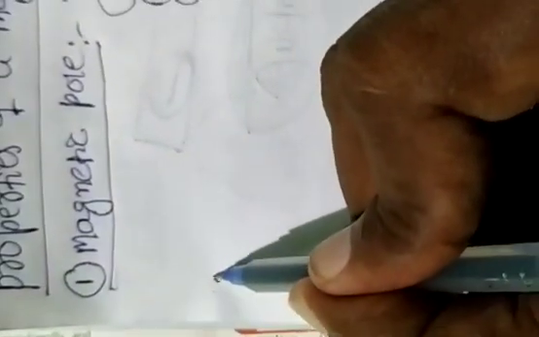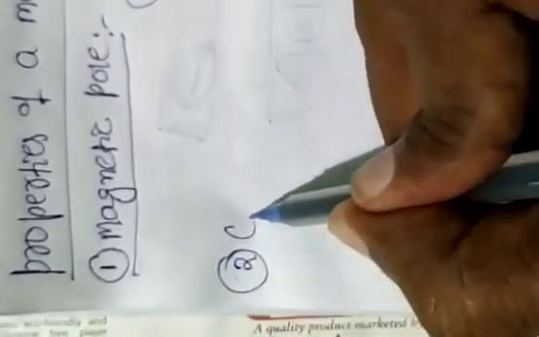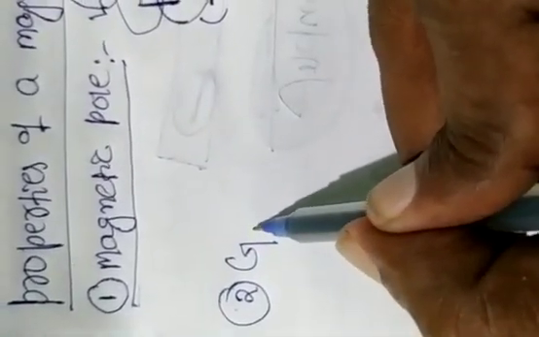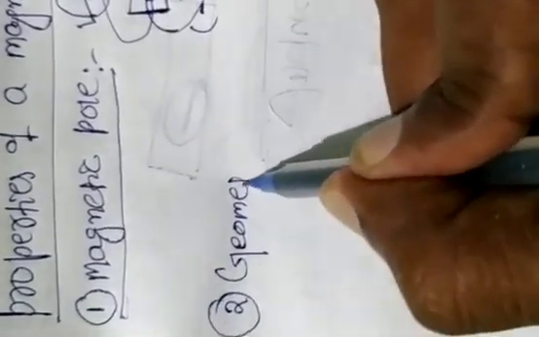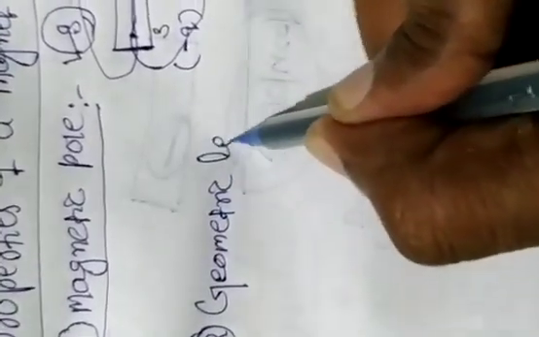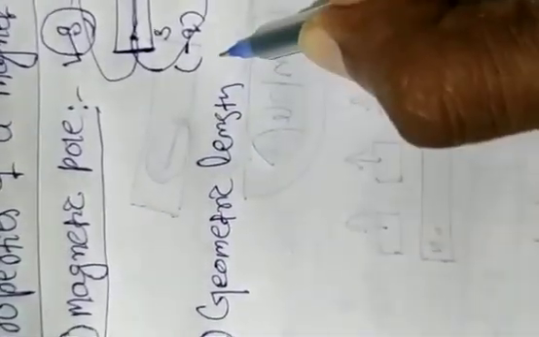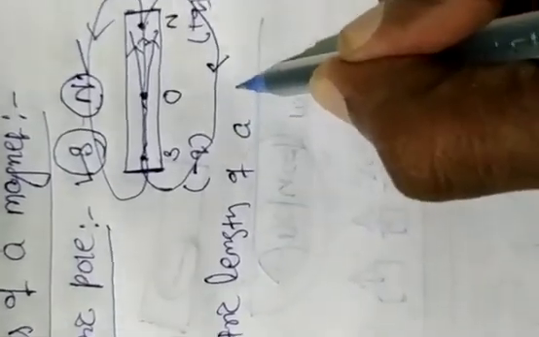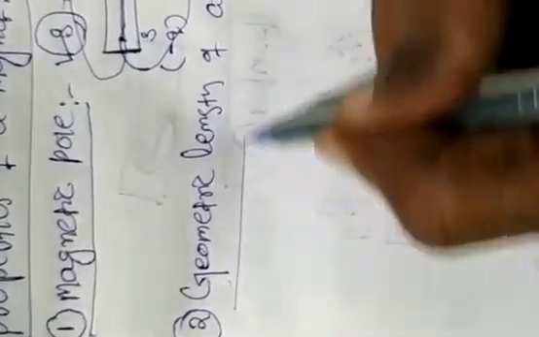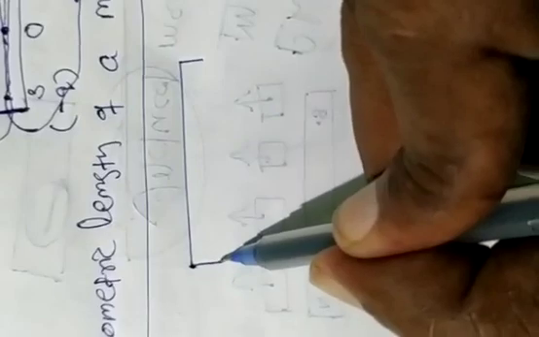Okay. Then the second property, number 2, geometric length of a magnet. Dear students, this is a bar magnet consisting of two poles.